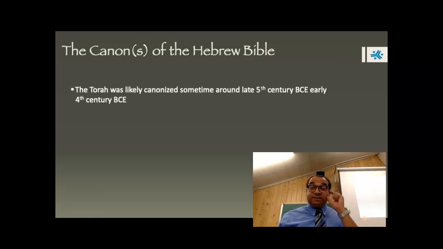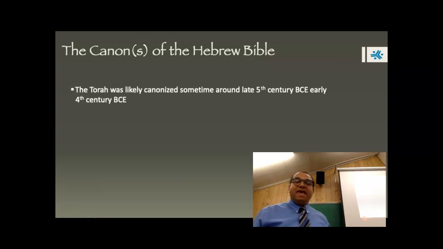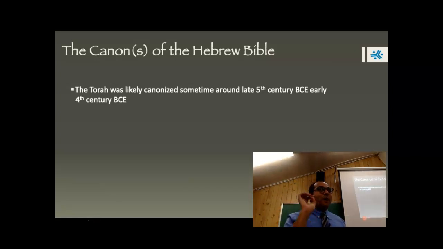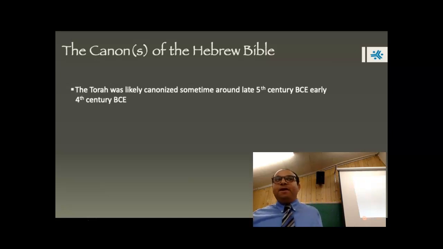I want to highlight a few things about these different canons. I can't get into all of the history of the canonization and the content of these books. I just want you to realize that when you are referring to the Bible, even within the Christian traditions, we're not always referring to the same Bible. Even if the Orthodox and Catholic traditions treat these other books as what we might call the Apocrypha, as deuterocanonical, not of the same level of canonicity as the other books, they're still part of the Bible for them.